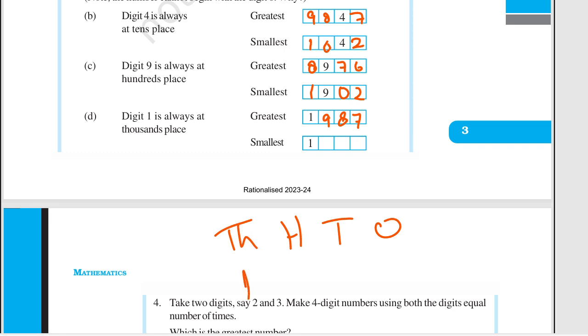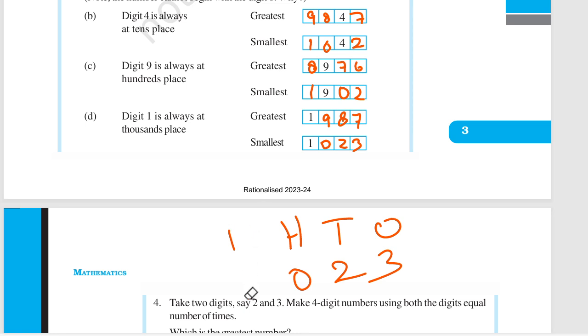The smallest digit we can write is 0 at the hundreds place. Now the third smallest digit, that is 2, we can write, and the last, that is 3. 1023 is the smallest number we can make by using the four different digits.